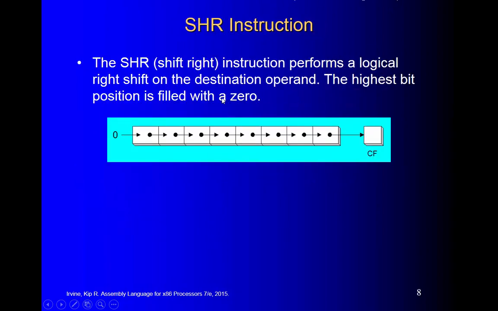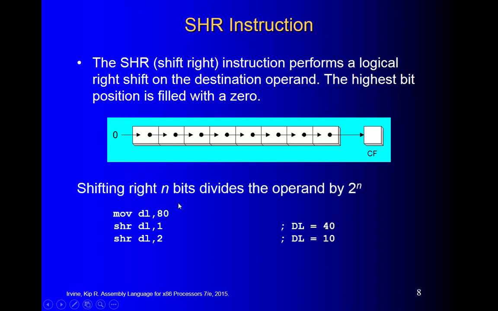Shift right, okay, this is the logical shifting, copying 0 into the opening space. If we shift to the right logically, we can divide the number by 2.